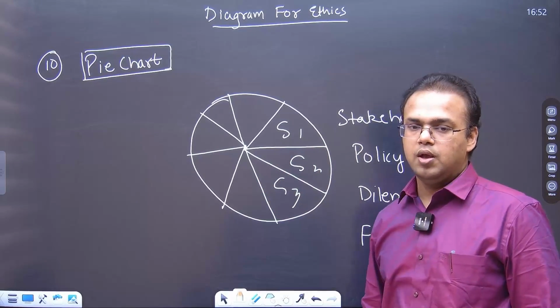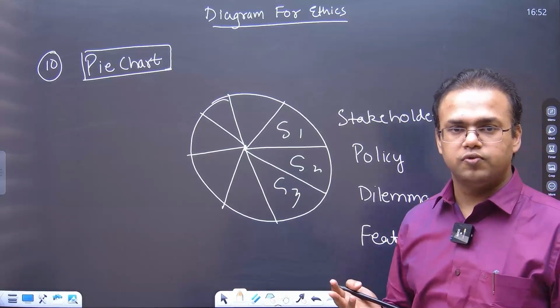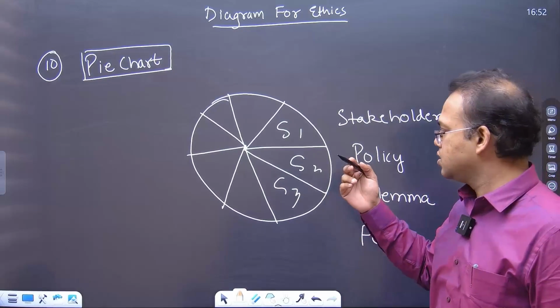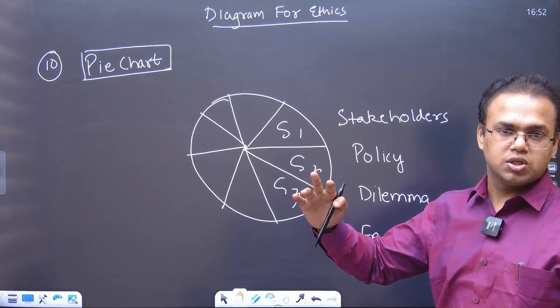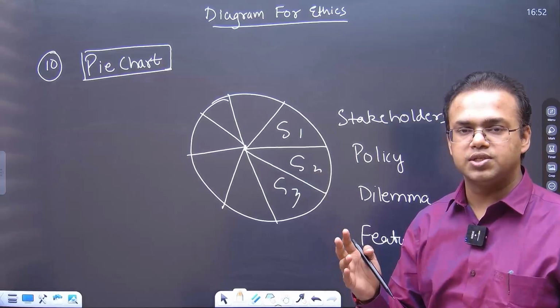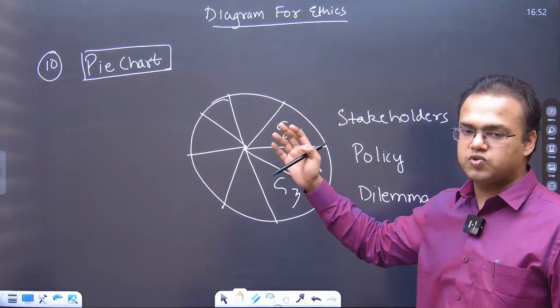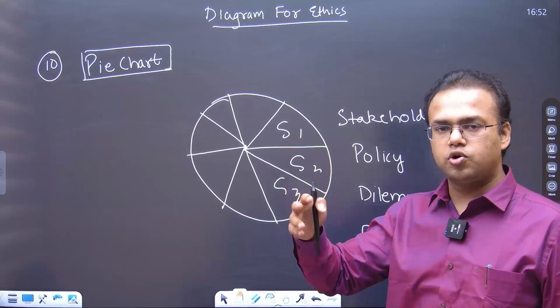10th form is a pie chart, not much used, frankly, to be honest, not much used in ethics paper, but again something unique. So these are not pies as such, these are not presenting any percentages as such, just a presentation of writing a number of stakeholders. Now if I have 4 stakeholders in the case, I'll only draw 2 spokes.